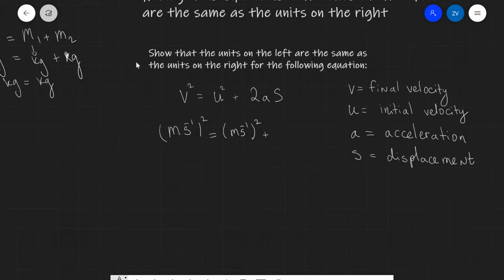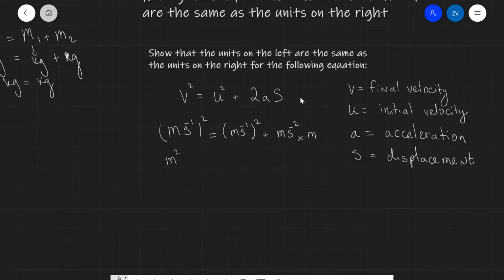Now the 2 is just a unitless constant, so I'm not going to write this down. Now the units for acceleration are meters per second squared. And finally, the displacement is given by meters. Okay, well, let's just square everything out.